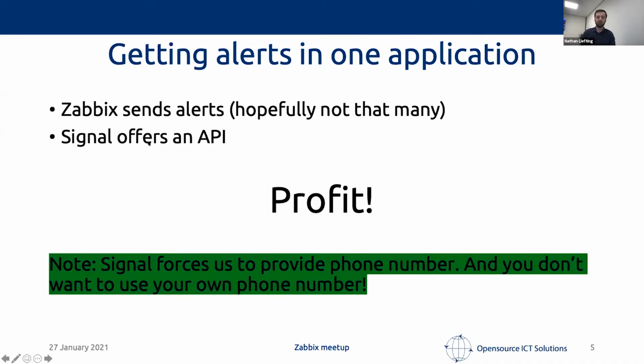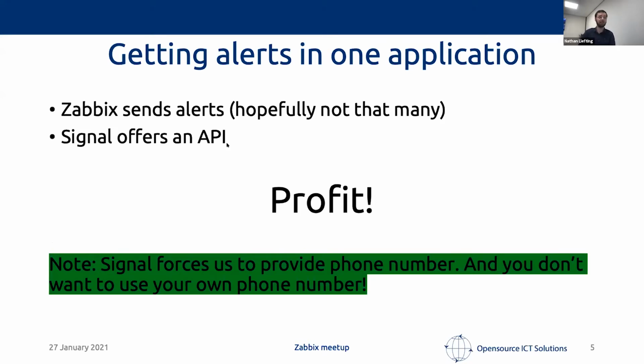And we figured Signal is the one for us. We've been using Signal in our company for quite some time because it's end-to-end encrypted, and we really appreciate their privacy policy and their setup. Signal is a non-profit organization, and Signal also has an API.